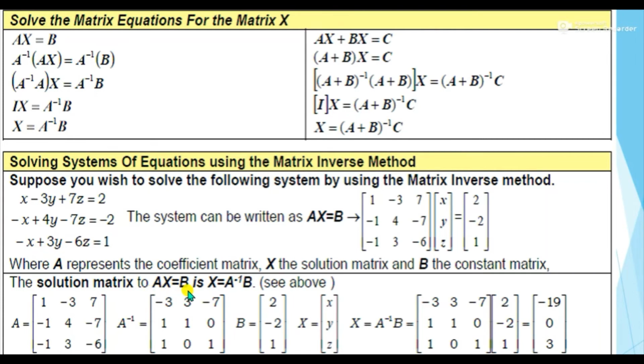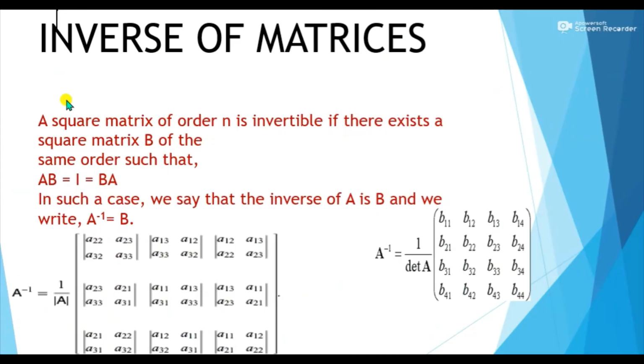So AX equals B gives X equals A inverse B. Here we need to find A inverse, and I have previously told the method to find it. The formula for A inverse is 1 upon the determinant of A times the adjoint of matrix A. Using this same formula in the question, we will find the answer.